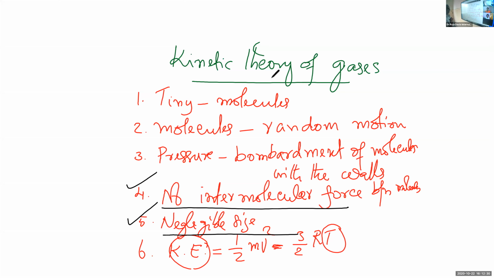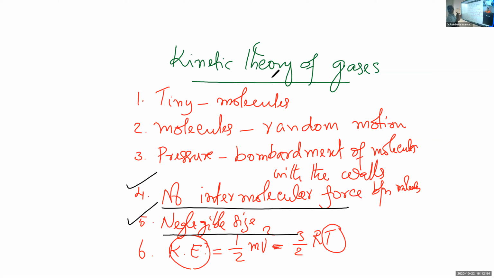See here, point number 4, there is no intermolecular force of attraction. But in real gases, there is intermolecular force of attraction. For ideal gases, we can say there is no intermolecular force of attraction.